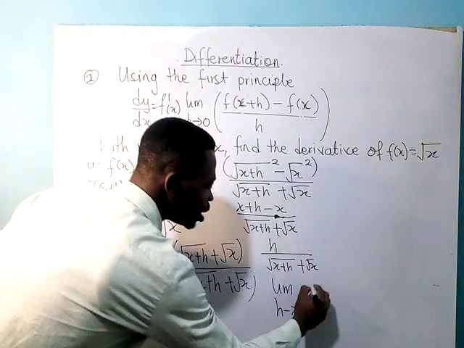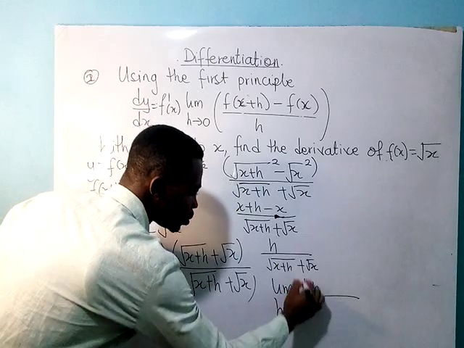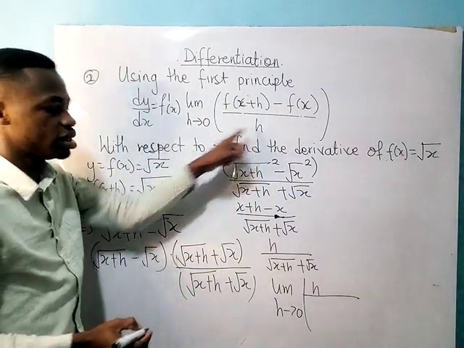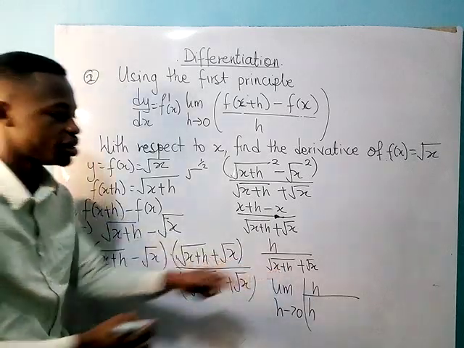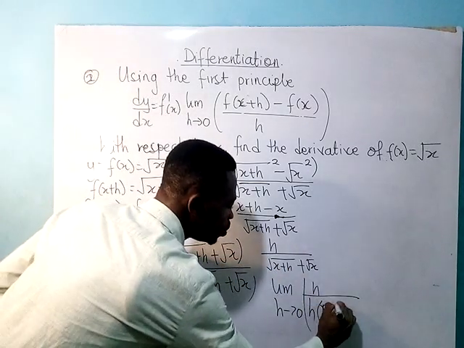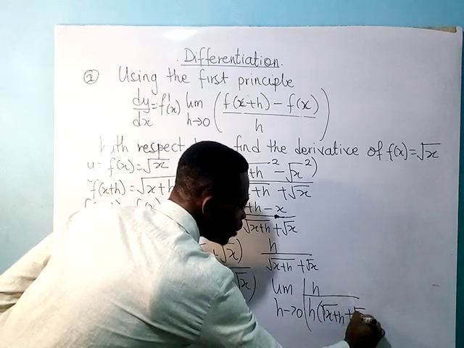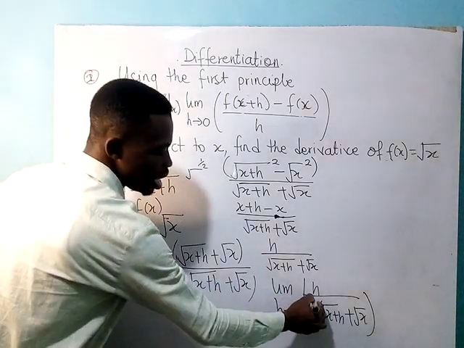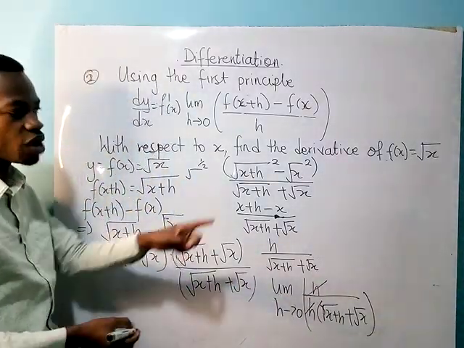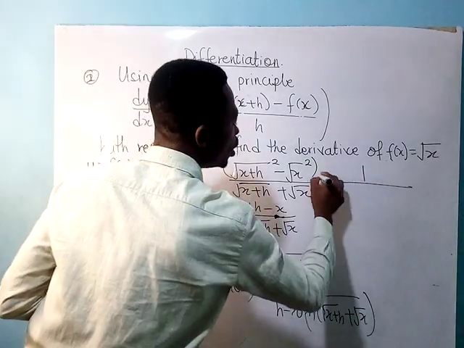So now this will give us h over this h, multiplying this denominator, square root of x plus h plus square root of x. Now here, h will cancel h, so we are going to have 1 over this.